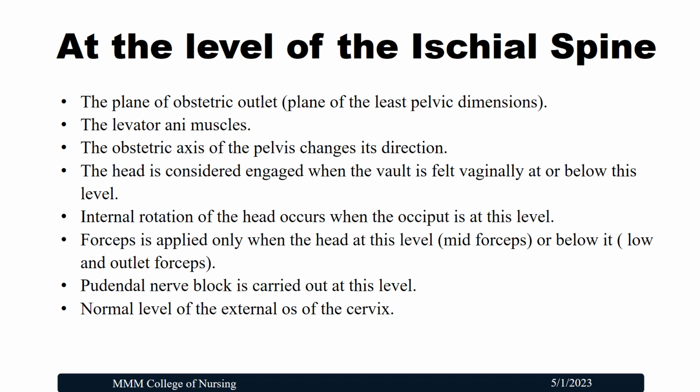Forceps is applied only when the head is at this level. At least the head should be at this level to deliver through forceps, and pudendal nerve block is carried out at this level, the normal level of the external os of the cervix.